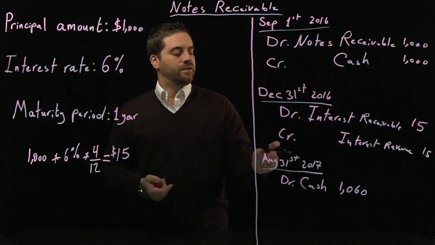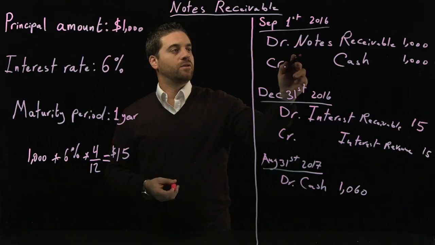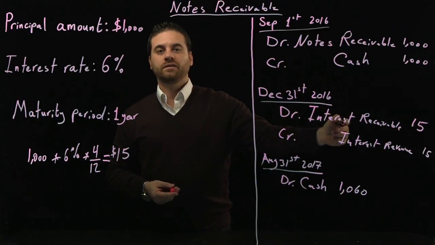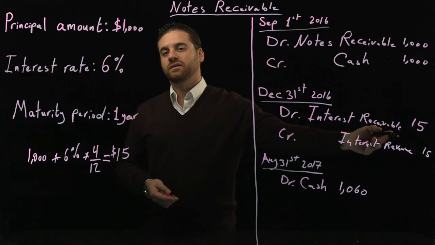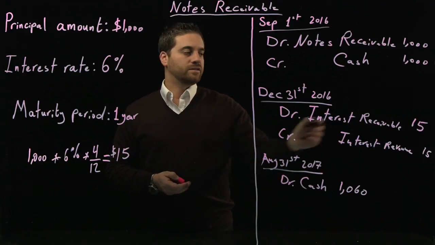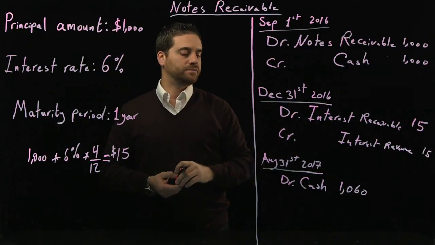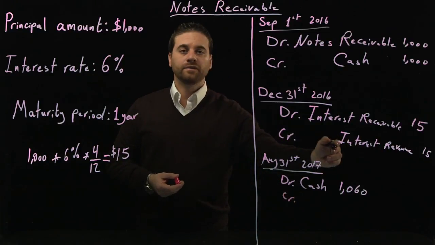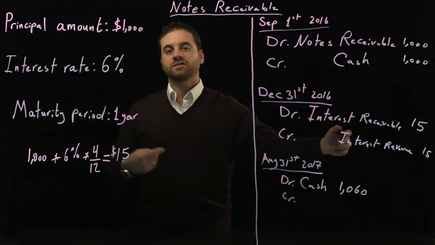Okay. The next account that we have to credit is the interest receivable that we debited at the end of 2016. Once you get those $15, then the customer doesn't owe you interest anymore. So interest receivable has to decrease by $15. There's one more account, which is the interest revenue, which would also be credited because it has to increase. By how much?